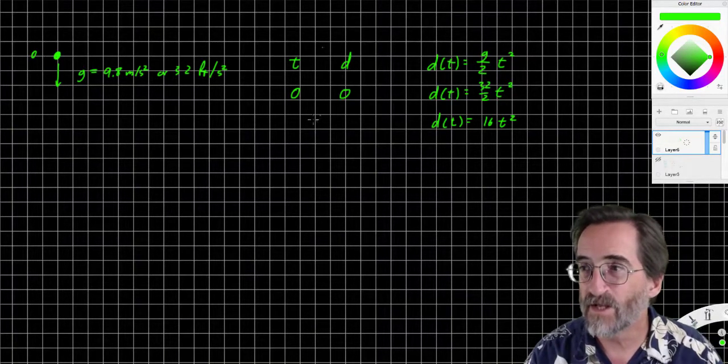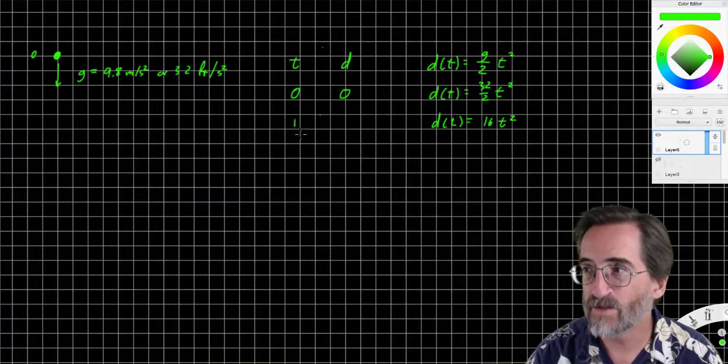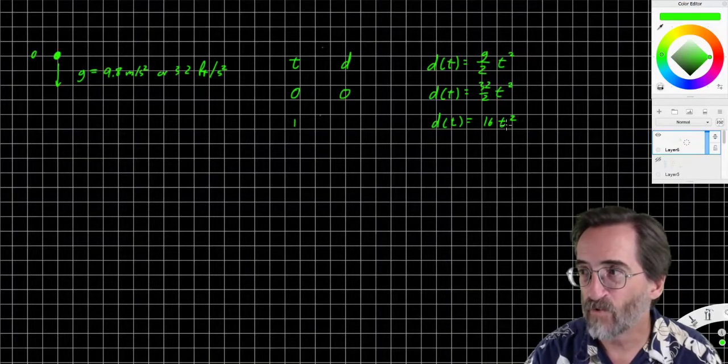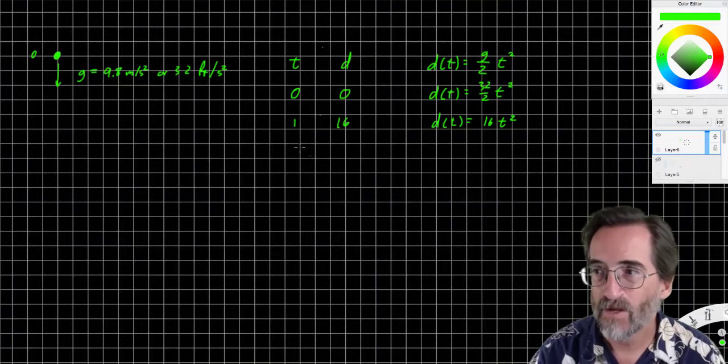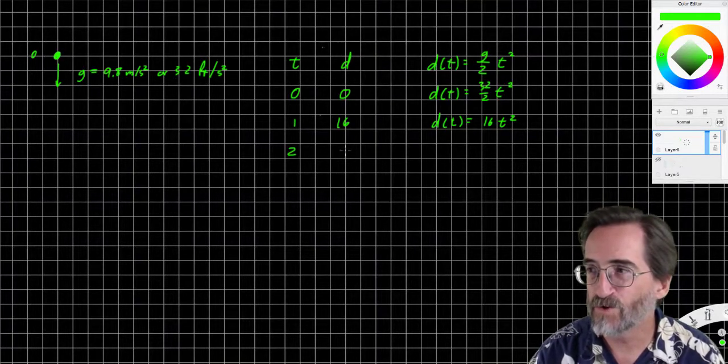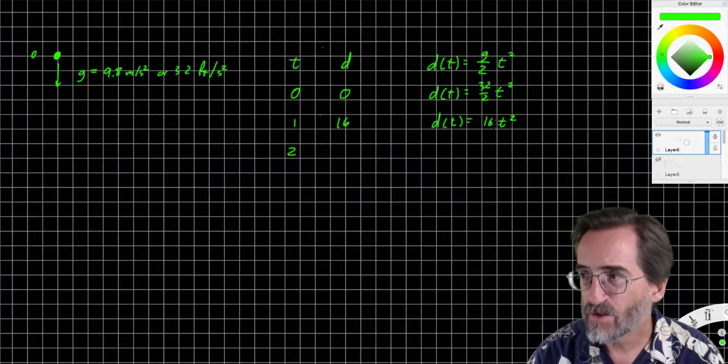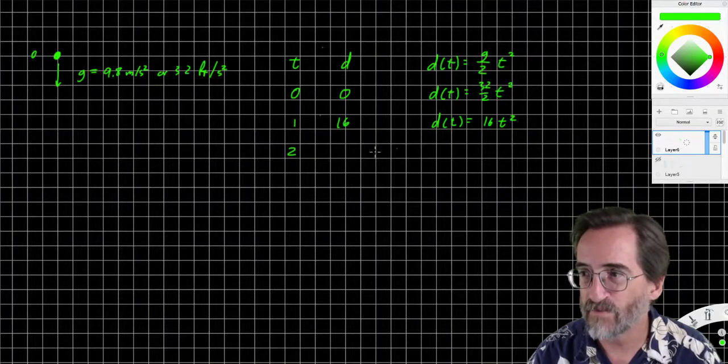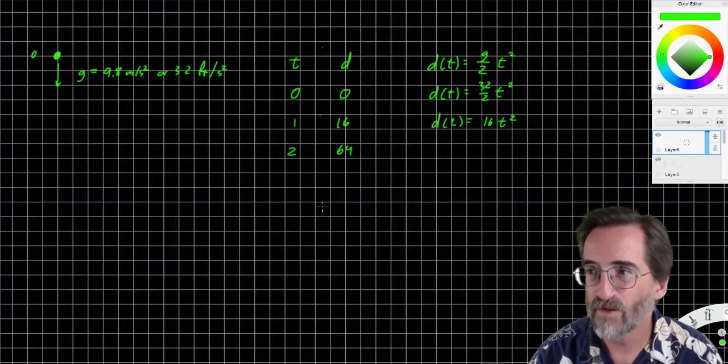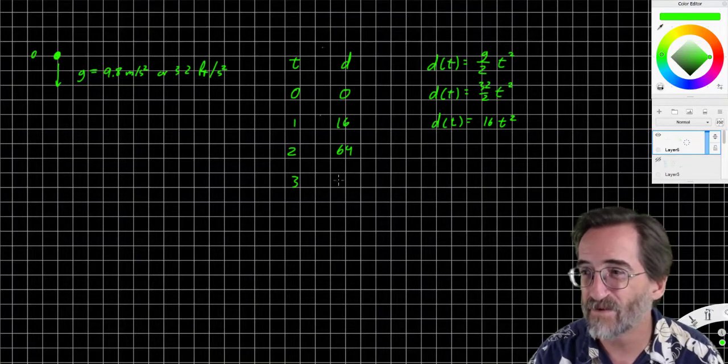At 1 second, the ball will travel 1 squared, or 1 times 16 feet. At 2 seconds, 2 squared, or 4 times 16, is 64. At 3 seconds, 3 times 3 is 9, and 9 times 16 is 144 feet.